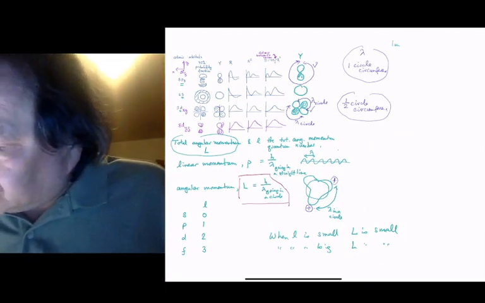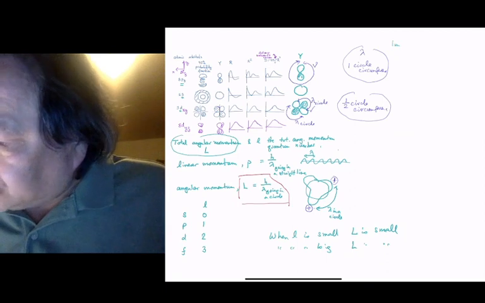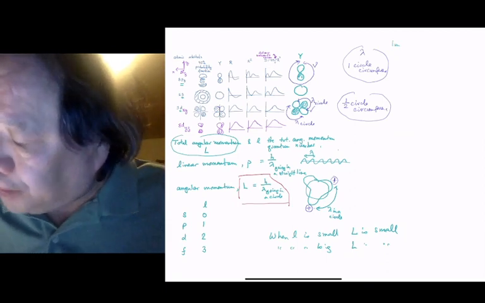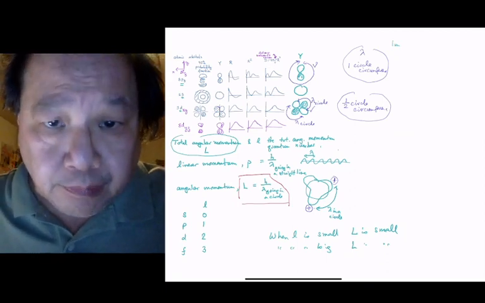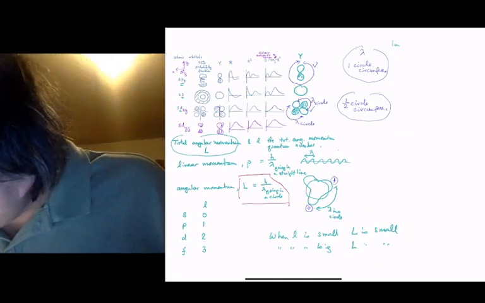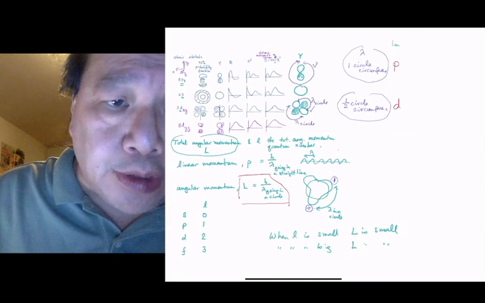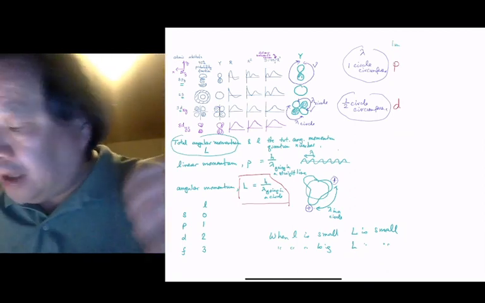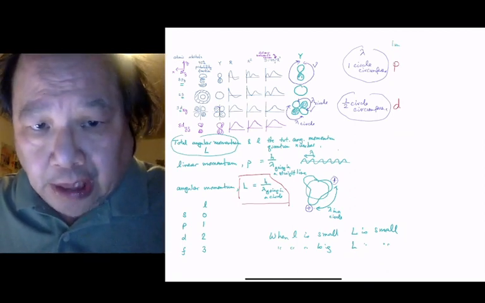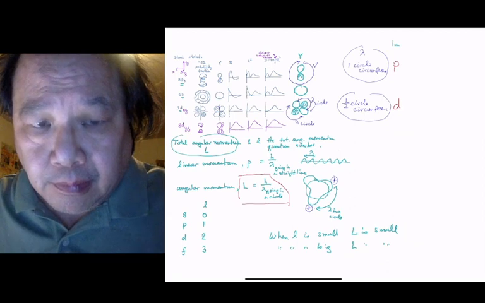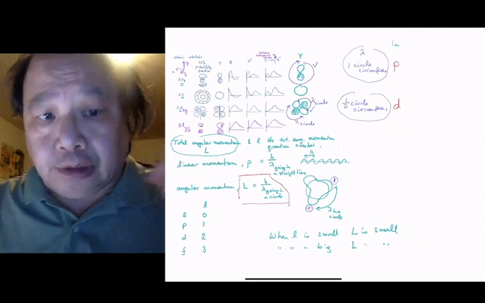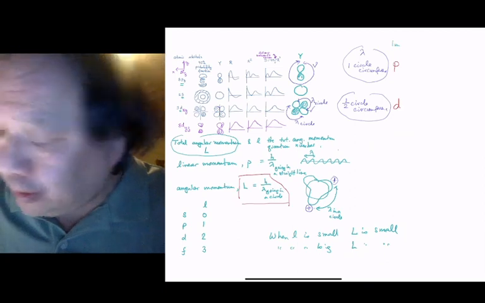How many times bigger is lambda going in a circle for P versus D? This is the P state, this is the D state. How many times is lambda for P bigger than D? Put it in chat. And the answer is it is twice as big, the lambda.